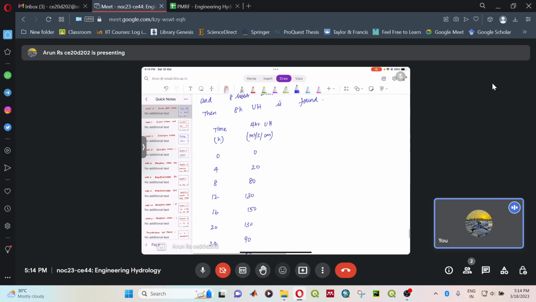Now what we are going to do is lag this unit hydrograph ordinates by 4 hours.